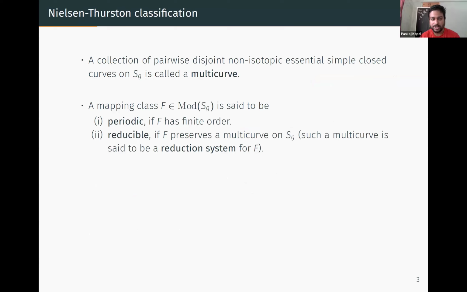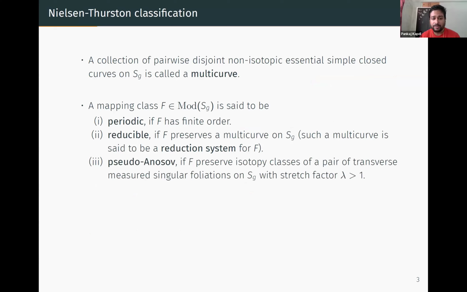Such a multi-curve is called a reduction system for the mapping class. A mapping class is pseudo-Anosov if it preserves the isotopy classes of a pair of transverse measured singular foliations on the surface with stretch factor lambda bigger than 1. So it stretches one foliation by a factor of lambda and contracts the other by the same factor lambda, where lambda is bigger than 1.